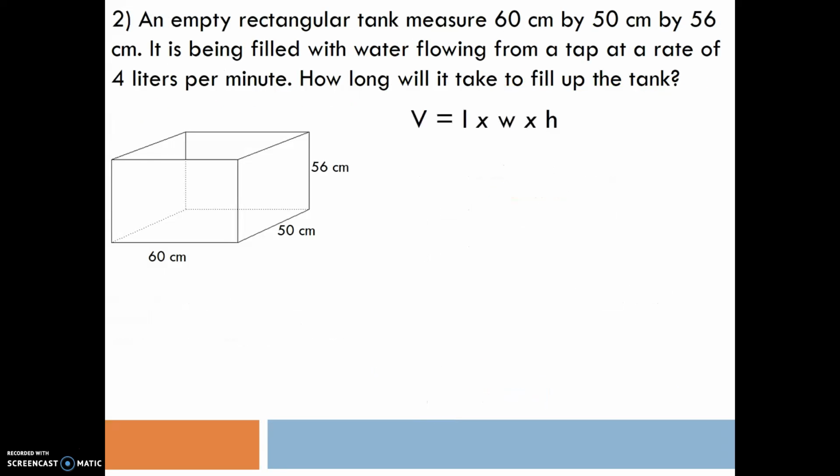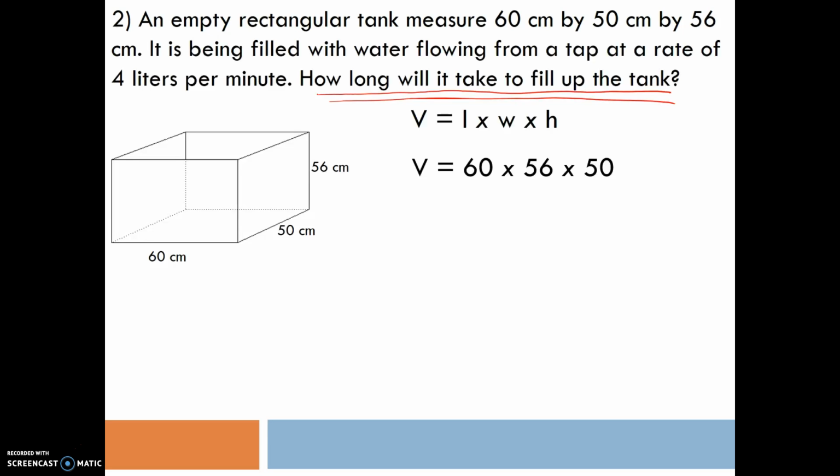Let's do another one together. An empty rectangular tank measures 60 centimeters by 50 centimeters by 56 centimeters. It is being filled with water flowing from a tap at a rate of 4 liters per minute. How long will it take to fill up the tank? Okay, now I'm wondering how long it's going to take to fill up, but basically this is still the same problem. We'll need to find our volume first, and then we'll need to set up a unit conversion to find how long it will take to fill up.